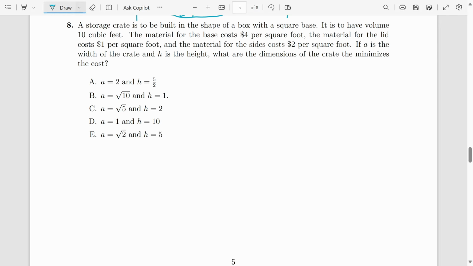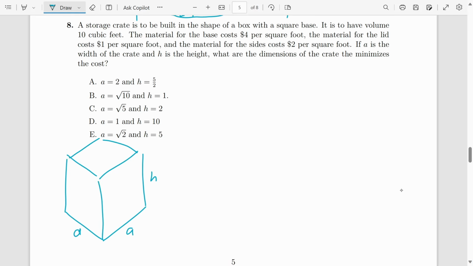All right, this is a grade A related rates problem, so let's draw this out to make our lives a whole lot easier. We have a crate, which is just a rectangular prism with a square base. So let's do A times A for the bottom. And then it has some height, which is in terms of H, and then its top.